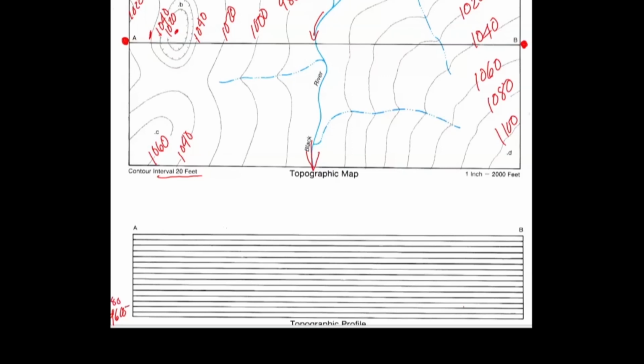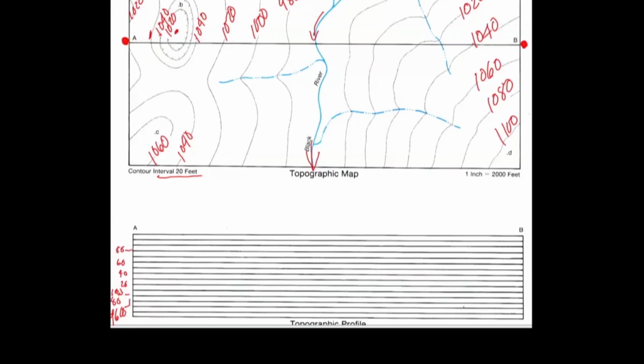So there's 980, and then this line will be 1,000, 1,020, 1,040, 1,060, and 1,080, and that's really as high as we need to go.